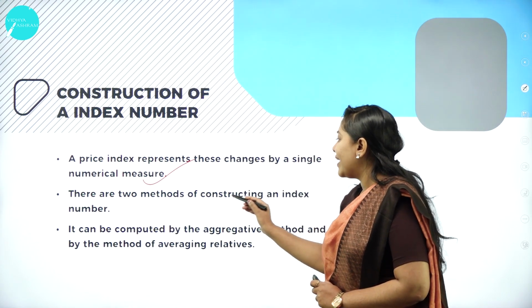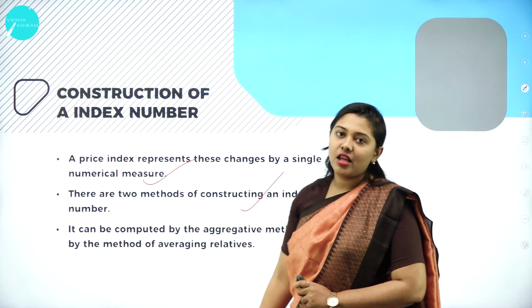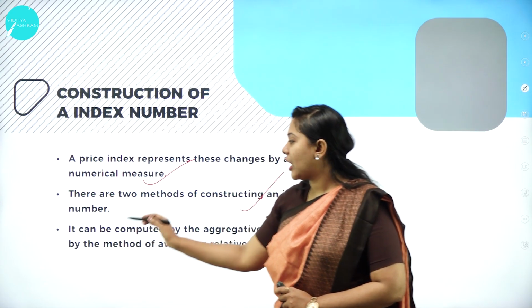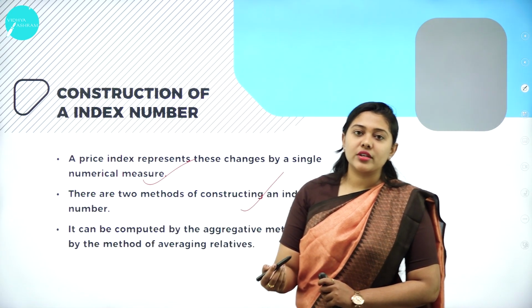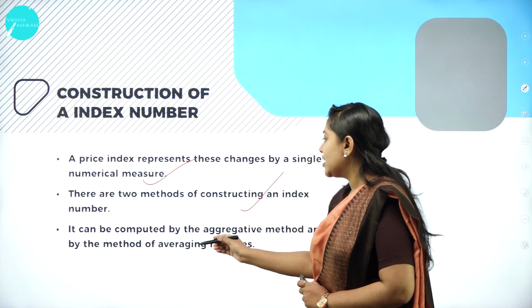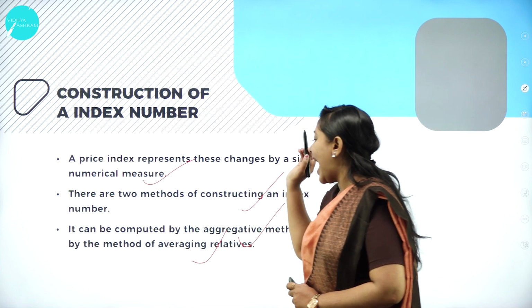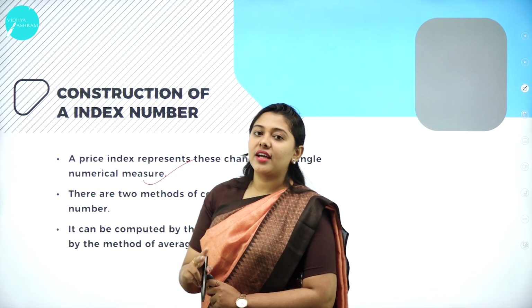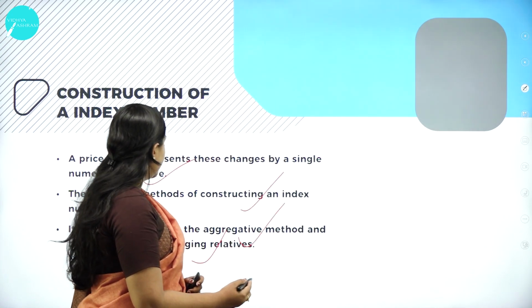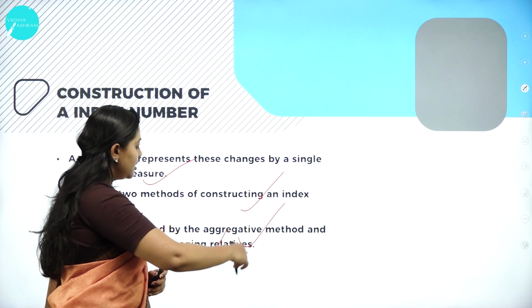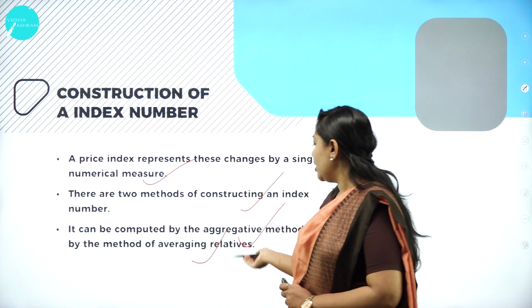So there are two methods of constructing an index number. How do you measure an index number? It can be computed by the aggregate method and the method of average relative. So two methods are there to measure your index number: the one is the aggregate method, the other is averaging relative.